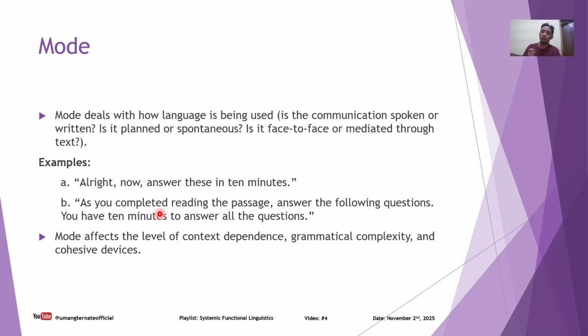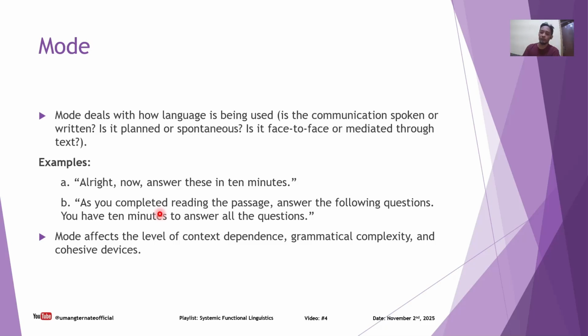So that's why we need to create the text as cohesive as possible, not only to avoid repetition but also to guide the readers to navigate the meaning of the text. So that is how the mode of the discourse influences the lexicogrammatical choice in the text.